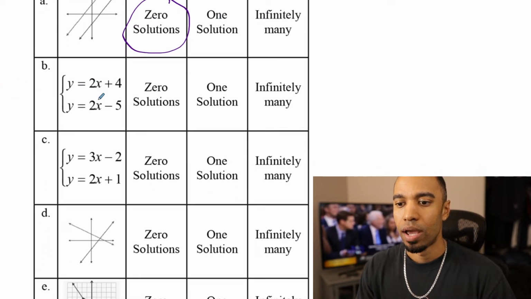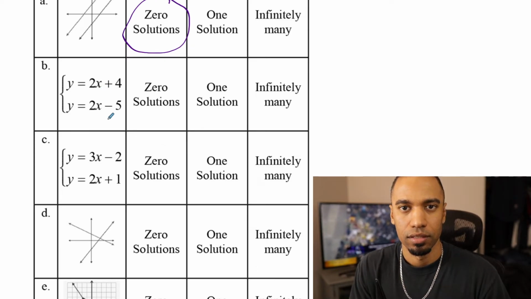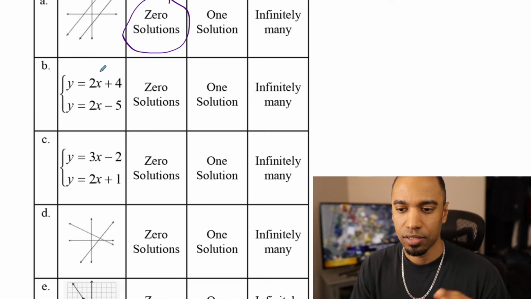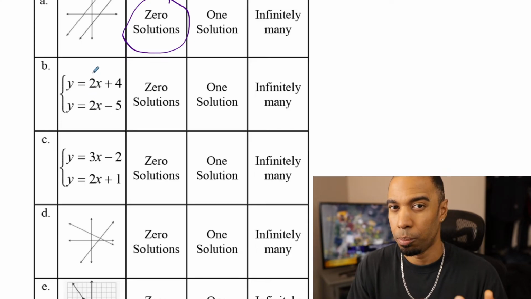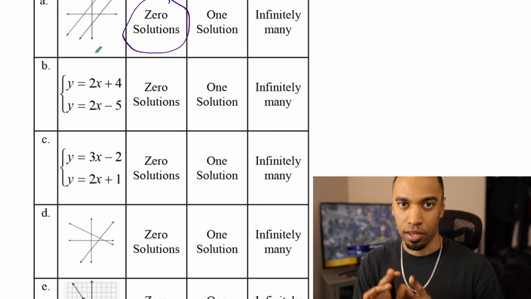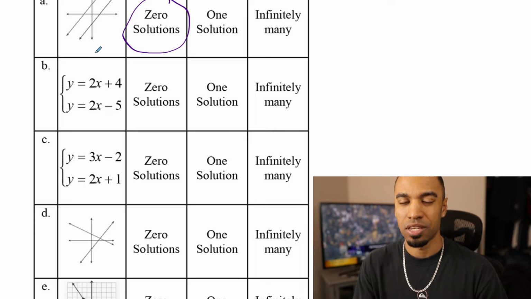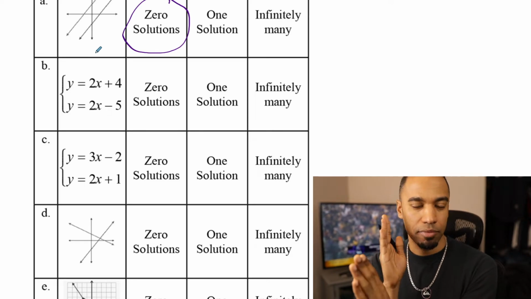Part B, y equals 2x plus 4, y equals 2x minus 5. Without graphing, we have to understand what this represents in slope-intercept form. This is the slope. This is the slope. They have the same slope. Does that mean they're parallel? Parallel does mean non-intersecting, and that can only occur when two different lines have the same slope, but they can't be the same line either, meaning they cannot be one on top of another.